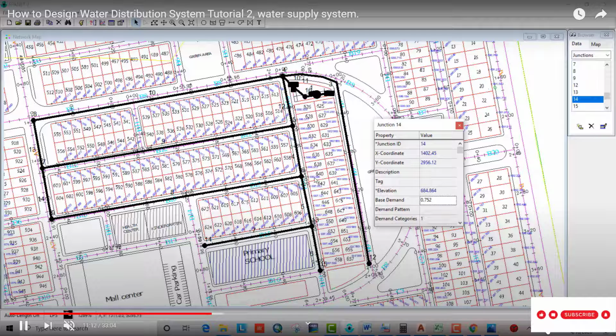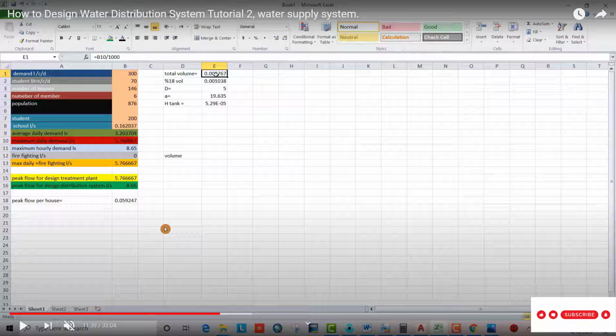Now we have to provide the pump curve and the dimension for the tank. We have to find the dimension for the tank. For finding the dimension of the tank, first we have to know the total volume of water which we need each day. So let us first find the total volume of water.